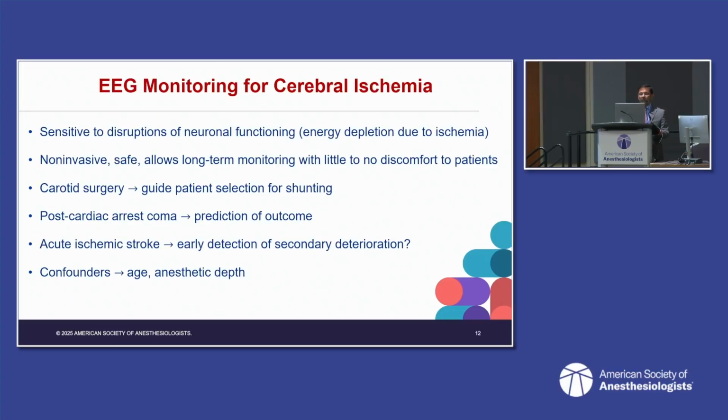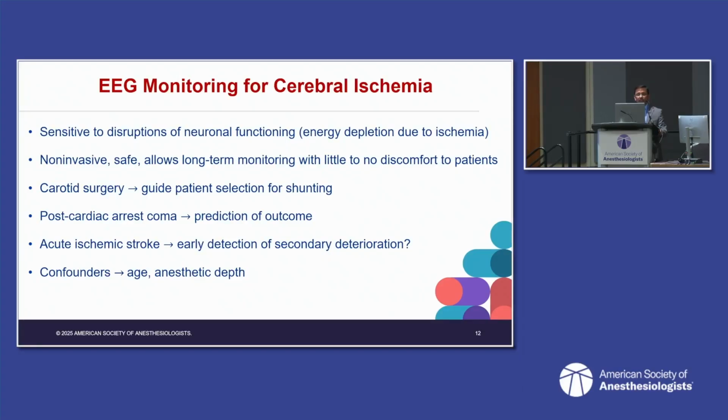So starting very briefly with EEG, again in this context of cerebral ischemia, and not so much in relationship to its association with delirium and cognitive outcomes, which is a significant interest these days. But in context with this topic, EEG is actually sensitive to disruption of neuronal functioning.